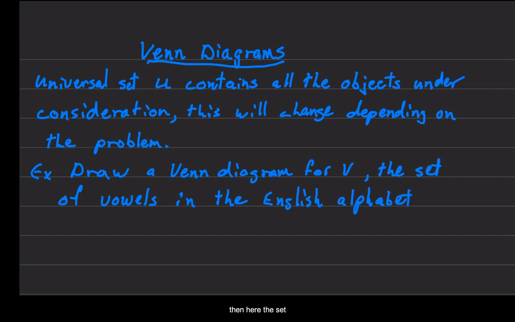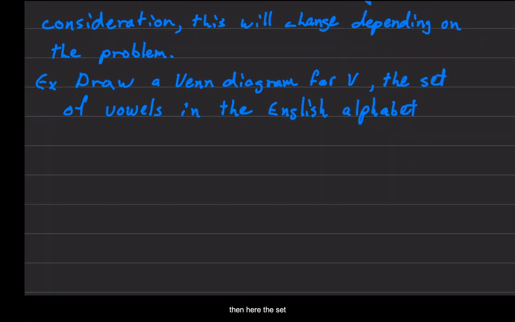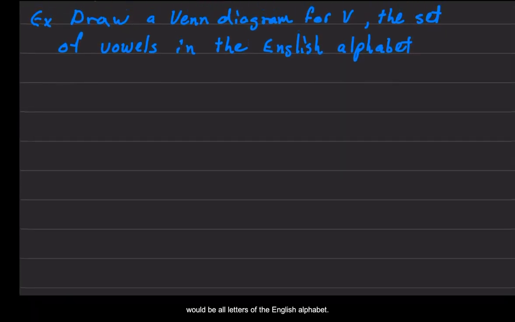Then here, the set U would be all letters of the English alphabet.